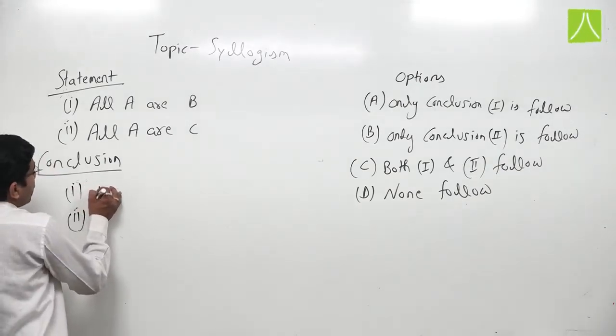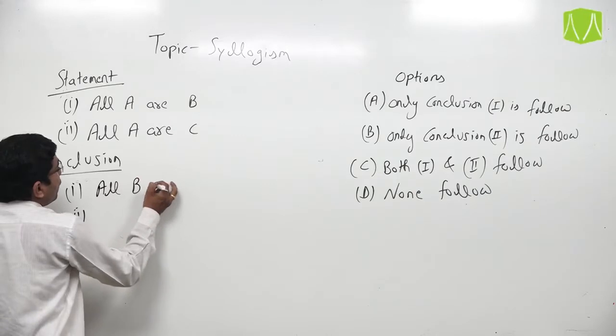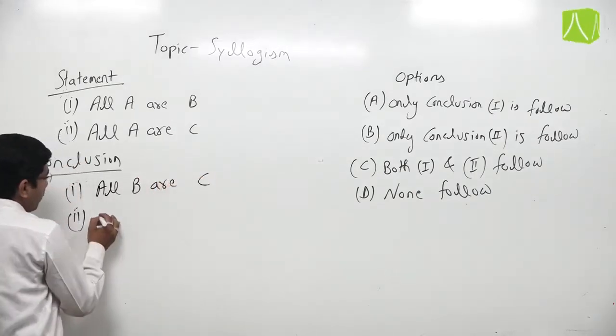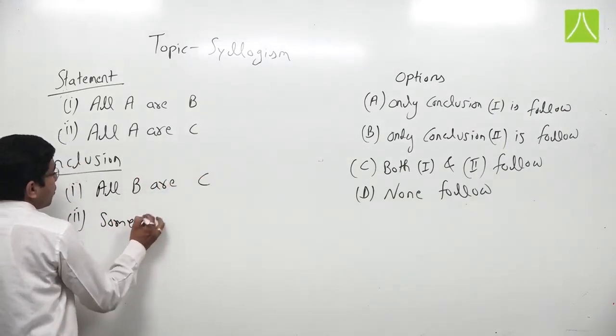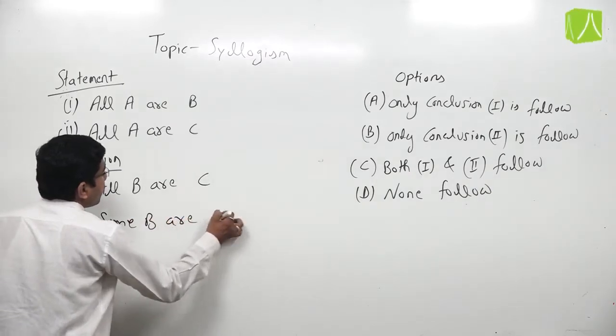Our first conclusion is all B are C. Second conclusion, some B are C.